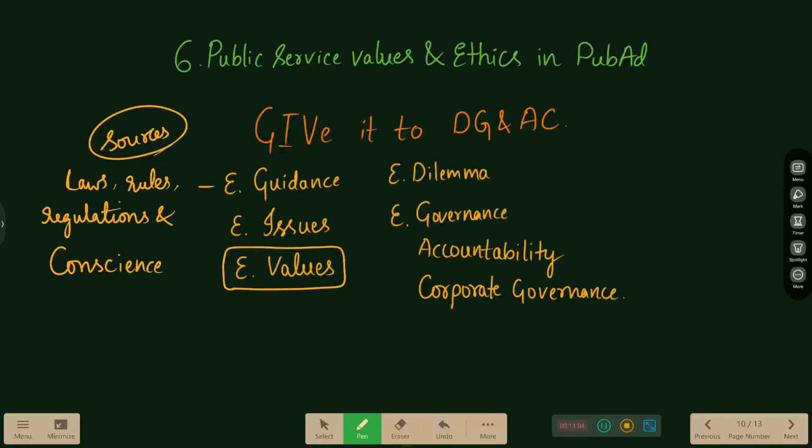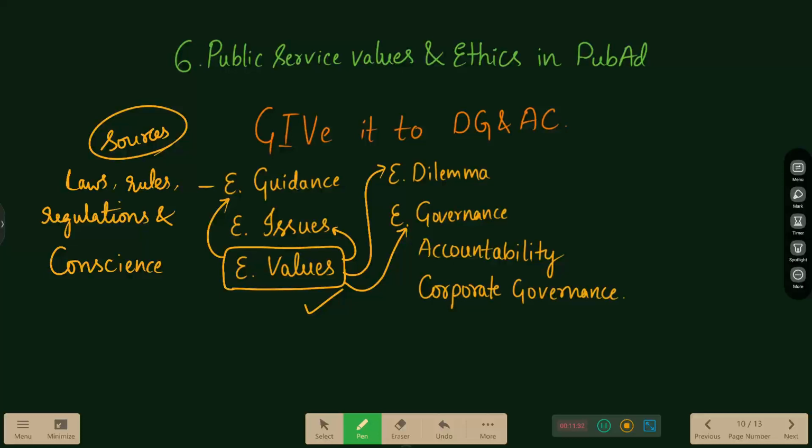You need to have strong ethical values because they will help you to resolve ethical issues. They will help you in ethical guidance. They will even help you to resolve the problems arising from ethical dilemma, and help you in ethical governance.